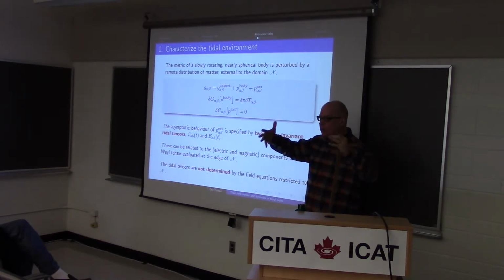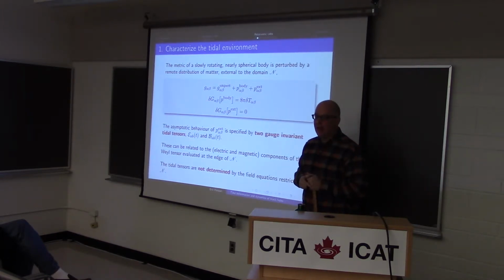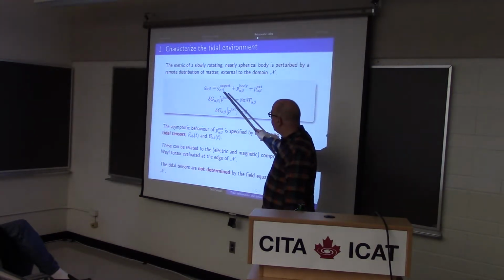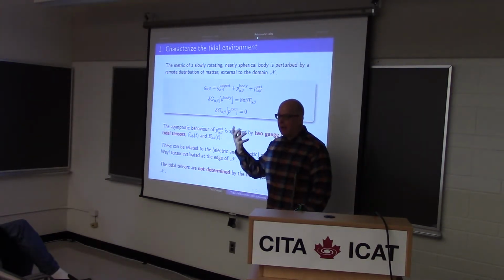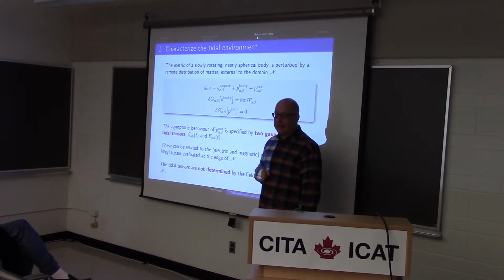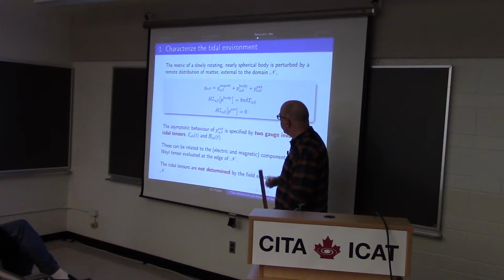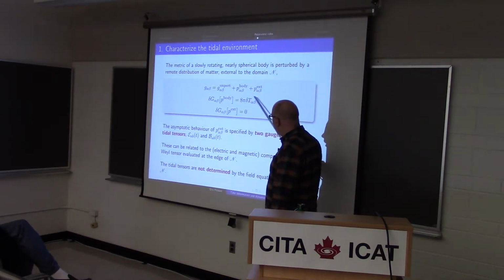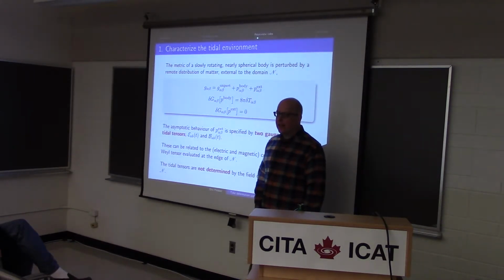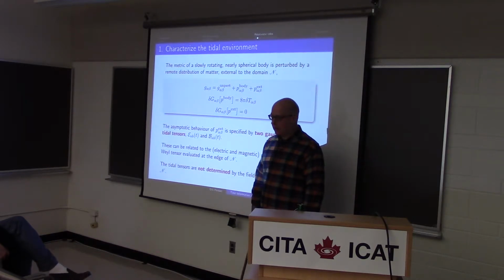And if I work exclusively in the domain N, that means that I can do linear perturbation theory. What I can do is start with an unperturbed metric that would describe, in my context, a slowly rotating body. I want to include the rotation. That will be part of the story, to which I add the perturbation that comes from the tidal field.